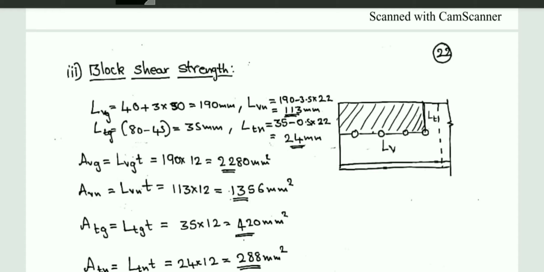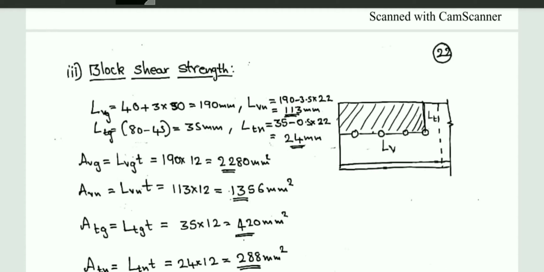So the last hole will not be taken completely, only half of it, so the total becomes 3.5 into 22 mm. 22 mm is the bolt hole.